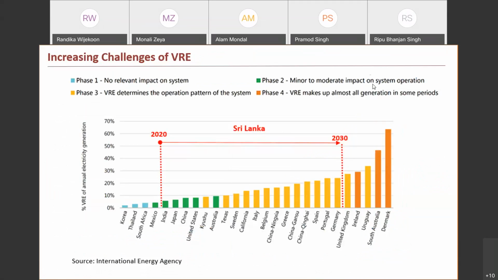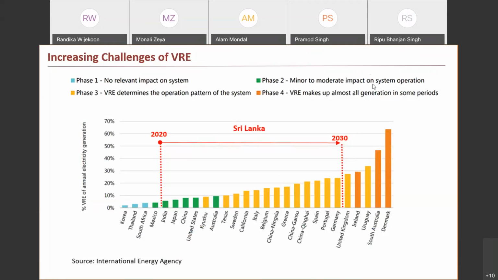Well, with this scale of development, as a country, we expect to move to higher stages of experiencing these challenges. This slide shows a very good classification from the International Energy Agency, which shows the categories of systems depending on the severity of challenges they experience.